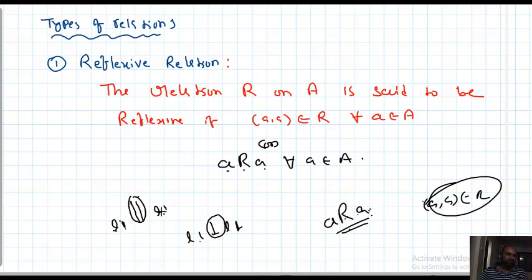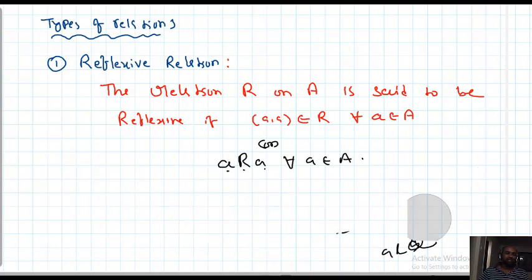L1 is parallel to L1, a true statement. That's why parallelism is reflexive. Not a related to b here, but a related to a. Reflexive means the relation should be with itself. L1 is perpendicular to L1 is a wrong statement. Every line is not perpendicular to itself. That's why perpendicularity is not a reflexive relation.